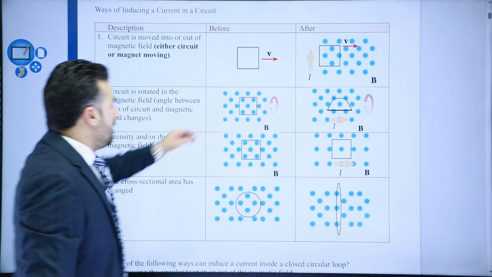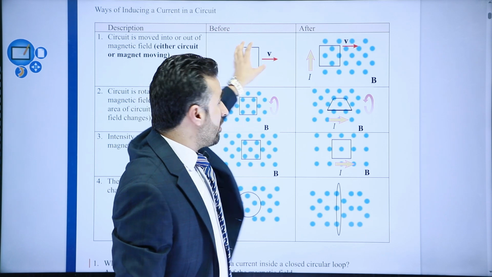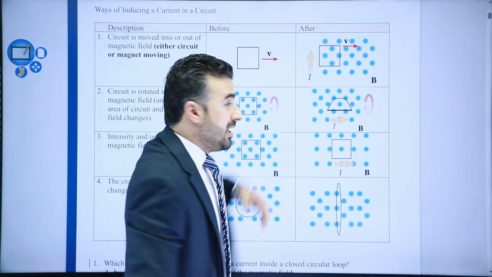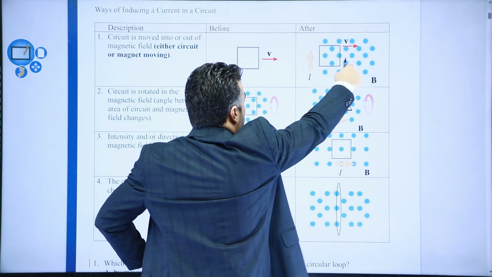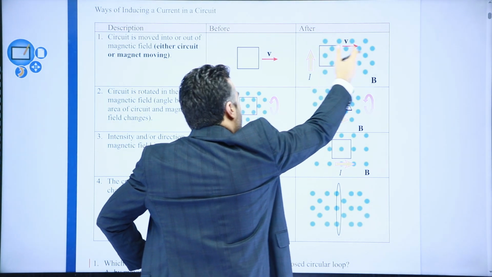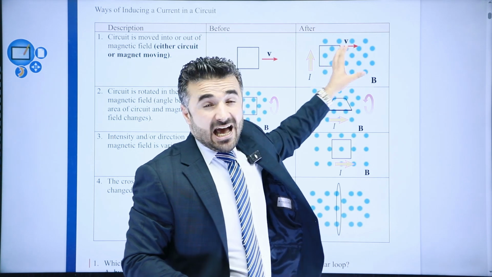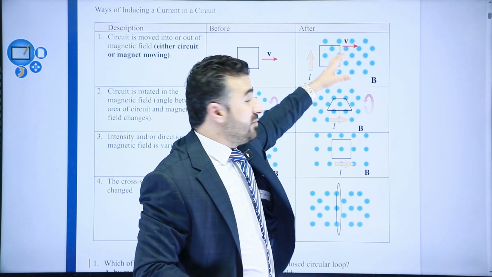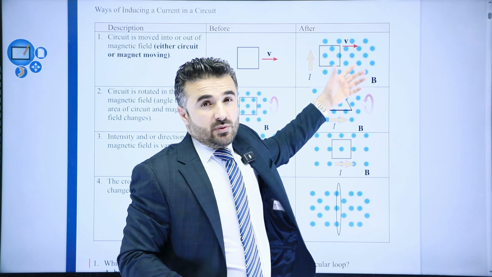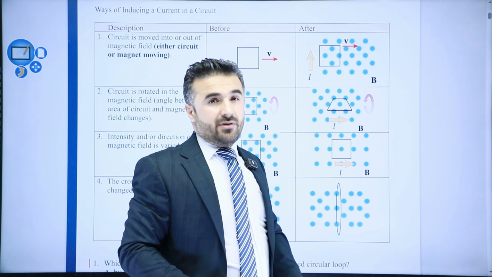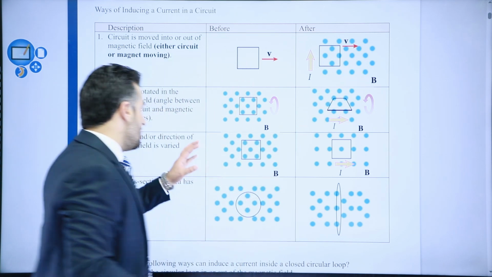So here we have a coil, before inserting it into a magnetic field. Moving this coil into a magnetic field, or moving the magnetic field onto the coil, that is also true. Whichever happens, there will be an induced electromotive force, and it will create a current within the coil.